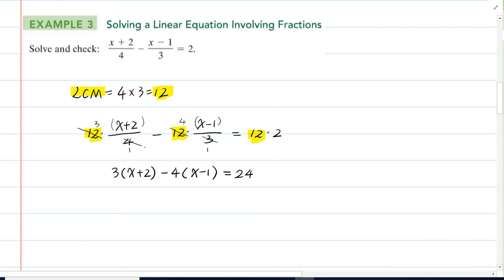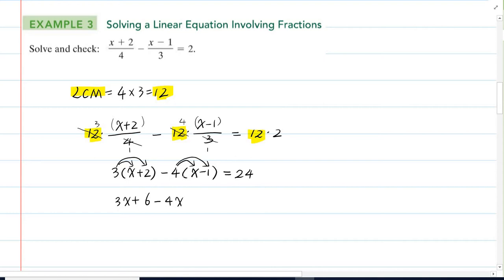Once we have this, the rest is really similar to example 2. You do a distribution, then move things around and solve for x. So we have 3x plus 6. Then minus 4 times x, that's just minus 4x.